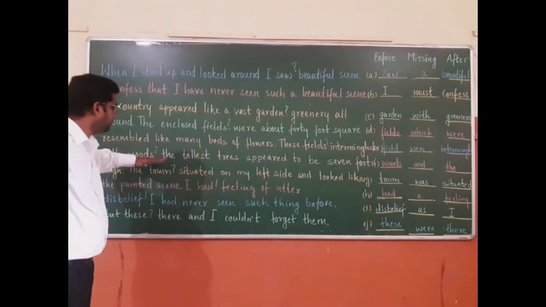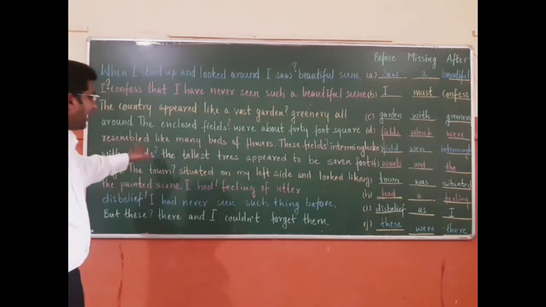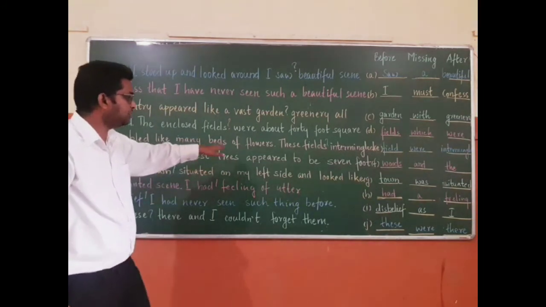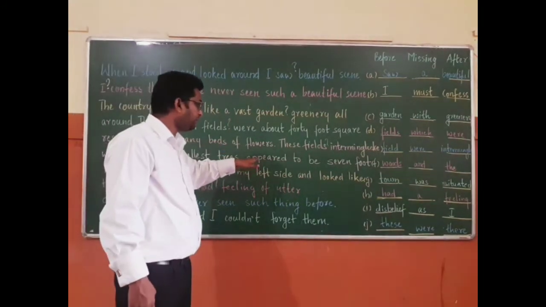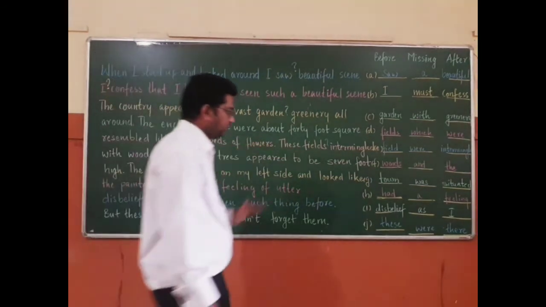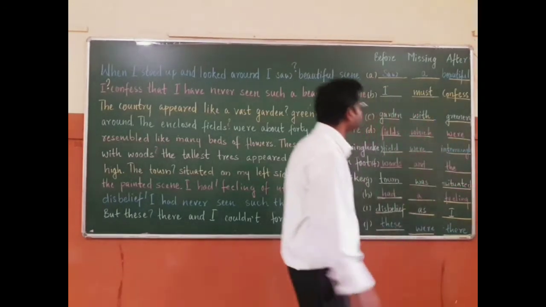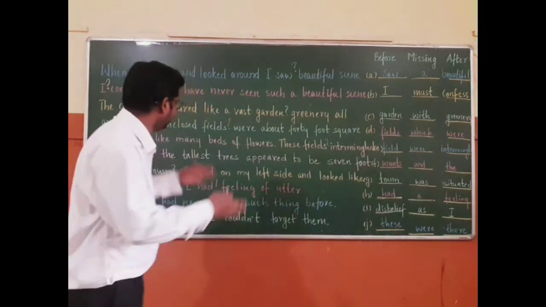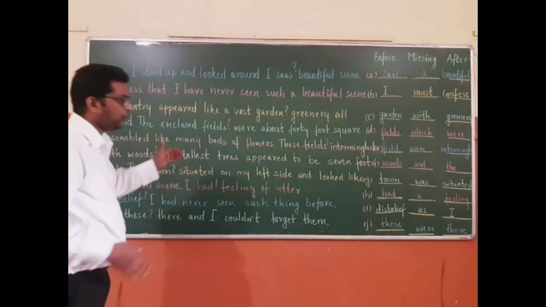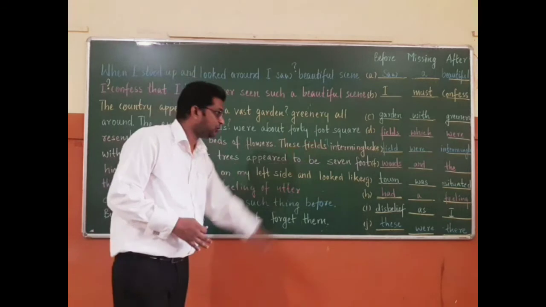So something would be missing over here. With woods and the tallest trees appear to be 7 foot. So woods will come before, the will come after, and and will be the connector that connects woods and the tallest trees. So, and will be written in the missing word.